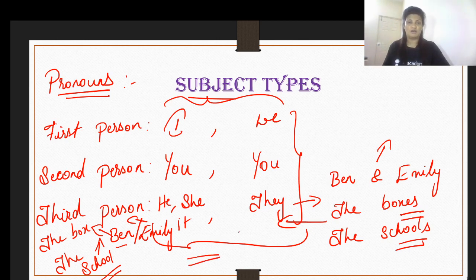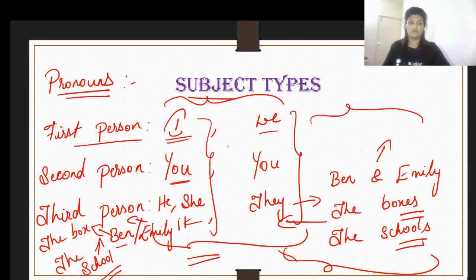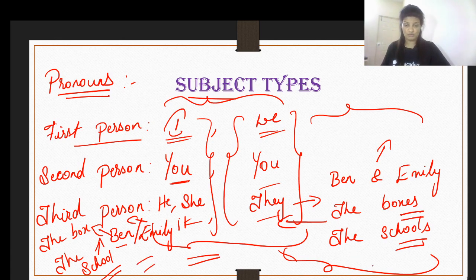So in total, all these are our subject types. These are pronouns: first person, second person, I, you, we, you, and they. These are third person singular subjects, and these are third person plural subjects.